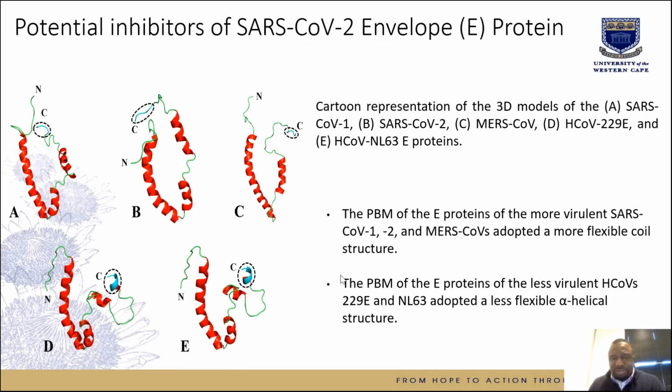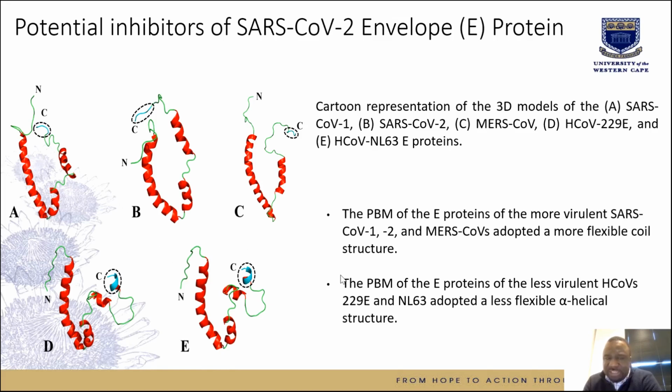Another study that I'm doing with a collaborator here at my university, Dr. Bertram, is looking at E-proteins, and the E-proteins have been implicated as a virulence determinant in SARS-CoV coronaviruses.